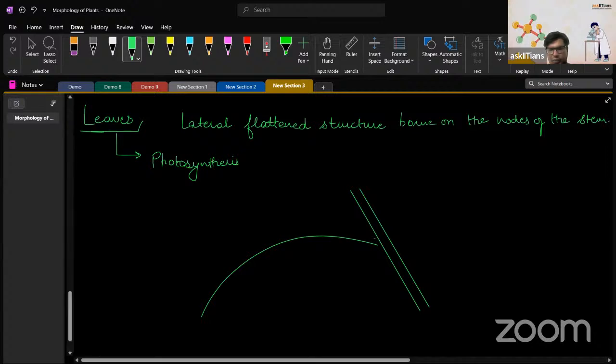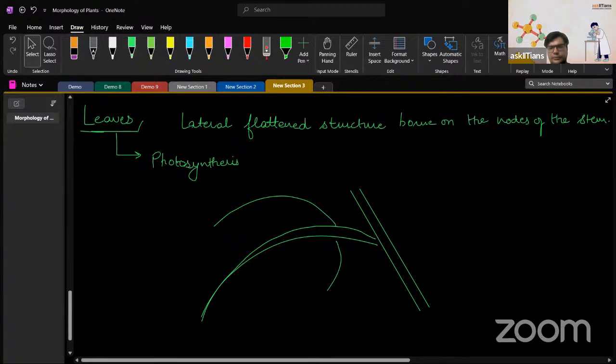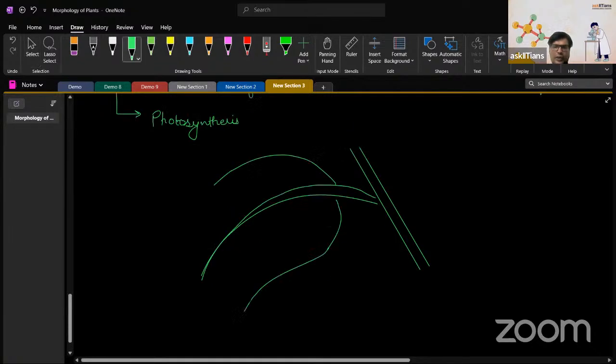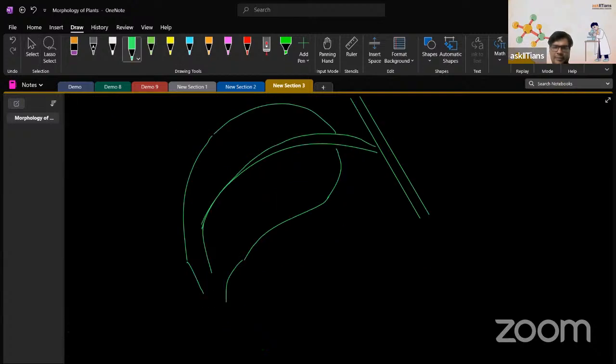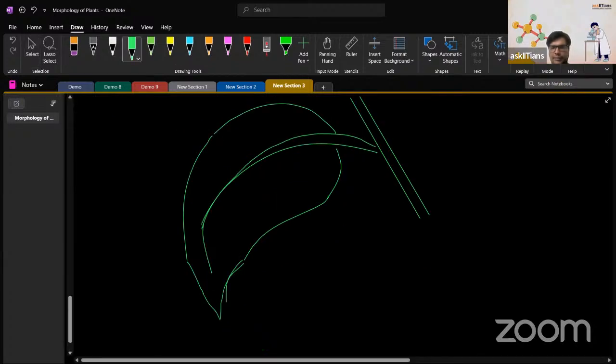I need to show you my drawing skills. It would have been much easier if I had just used a picture. Okay, fine. Yeah, I think that is enough.